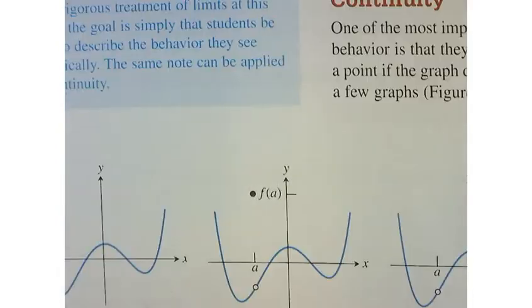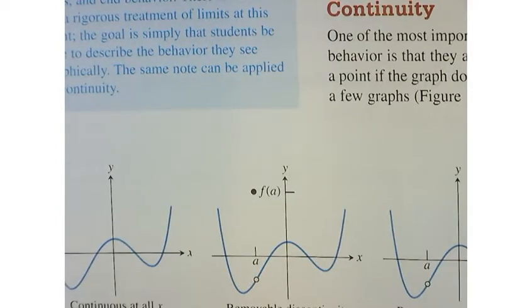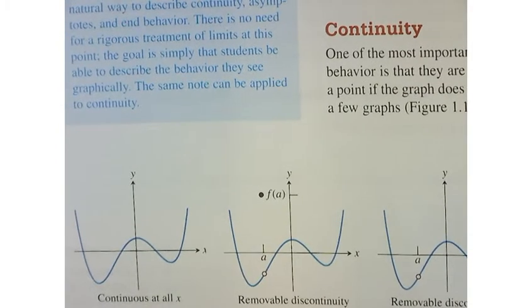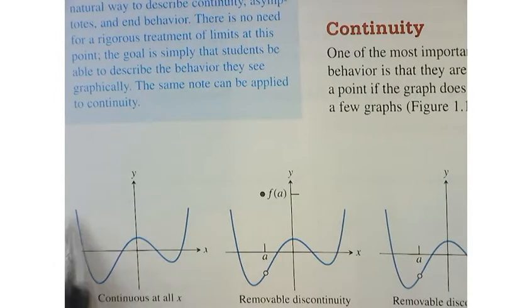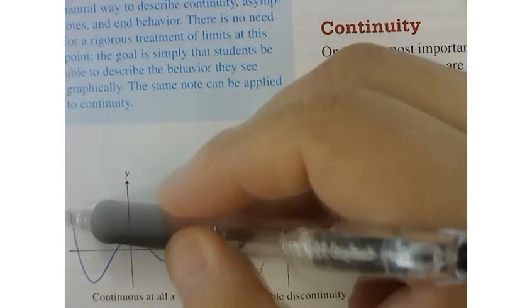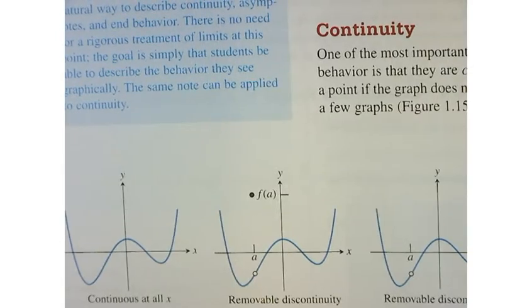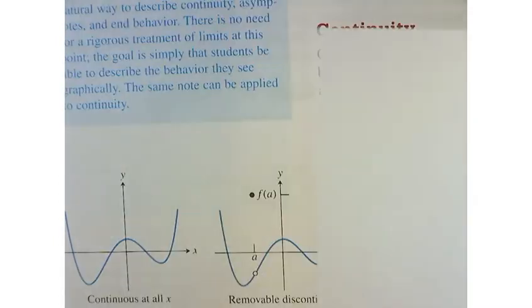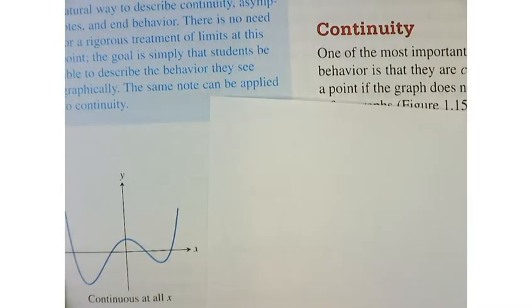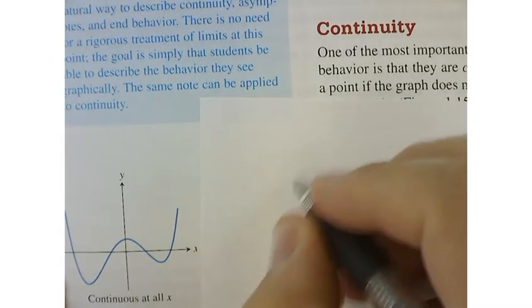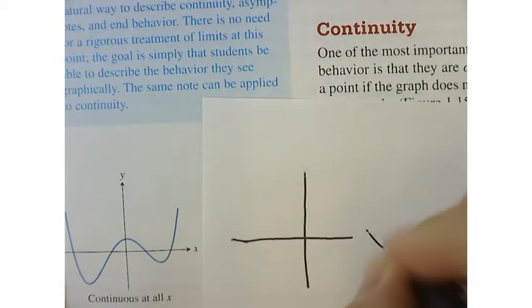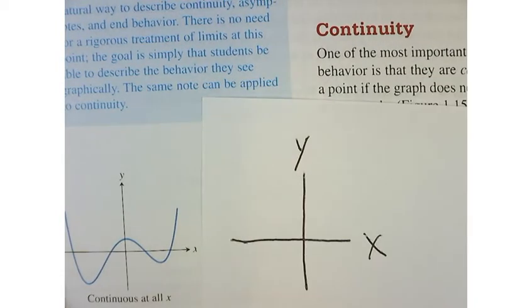So let's look at this. If I look at this graph right here, if I were to sketch this graph, and that's what we're going to do, this is a great way to determine if something's continuous. So see this graph? I'm going to sketch it. So I've got my XY plane. Okay.